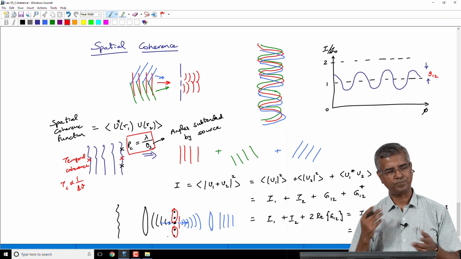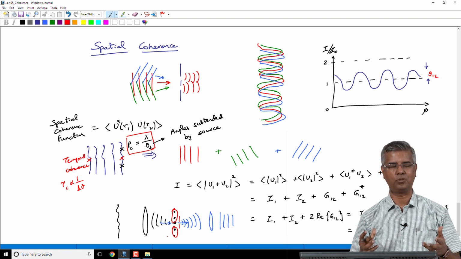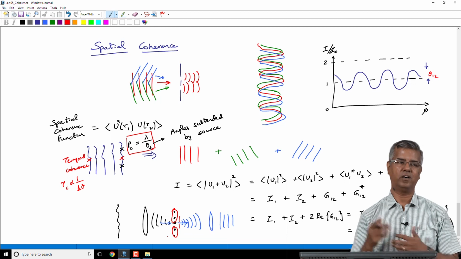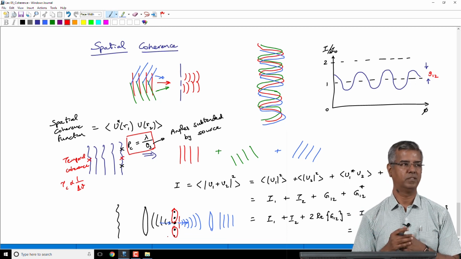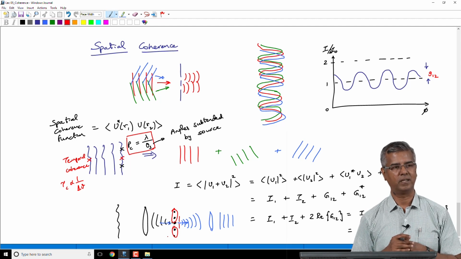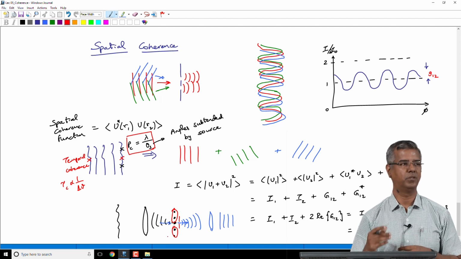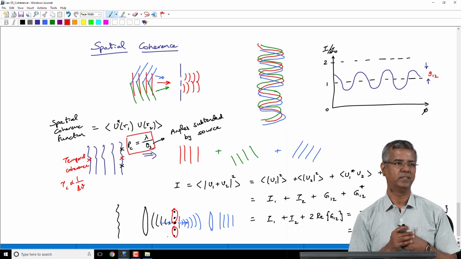So, you get sources which are not spatially coherent, not temporally coherent, but if you want to achieve a particular functionality, you could do things to improve the coherence of light, okay.